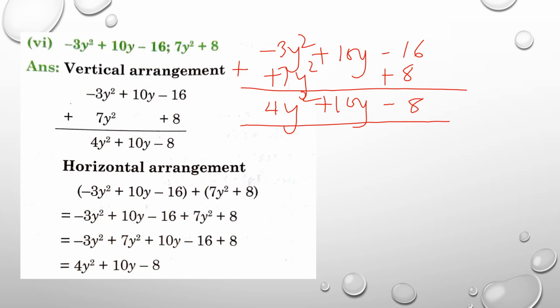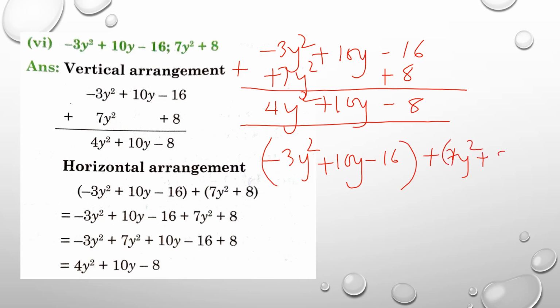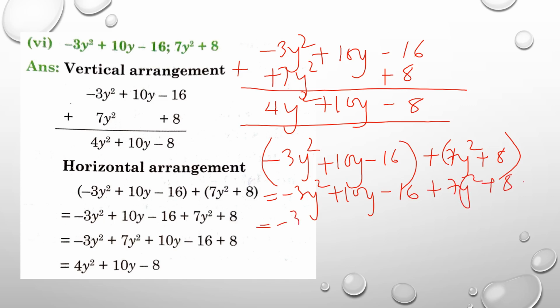Minus 3y square plus 10y minus 16 plus 7y square plus 8. Open the bracket now. Minus 3y square plus 10y minus 16 plus 7y square plus 8. Now take like terms together. Minus 3y square plus 7y square, these are the like terms.